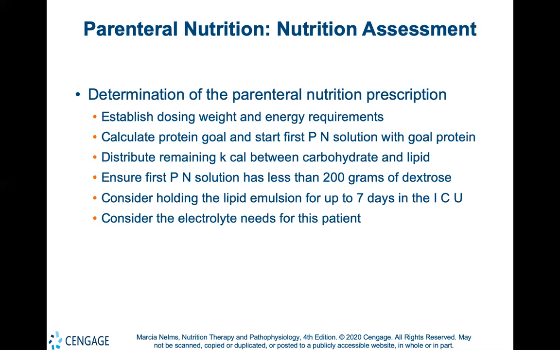The basic steps include the following: estimation, establish dosing weight and energy requirement, calculate protein goal and start the first parenteral solution with goal protein, distribute remaining kilocalories between carbohydrate and lipid, ensure the first parenteral nutrition solution has less than 200 grams of dextrose, consider holding the lipid for up to 7 days if in the ICU, consider the electrolyte needs for the patient.